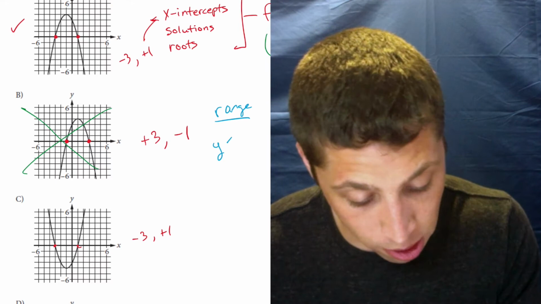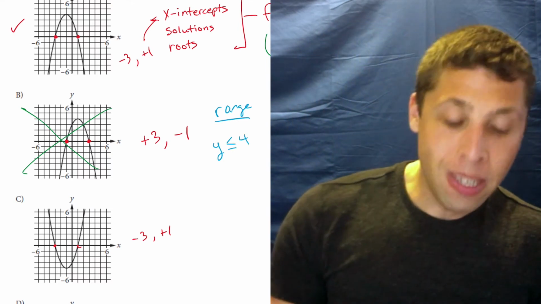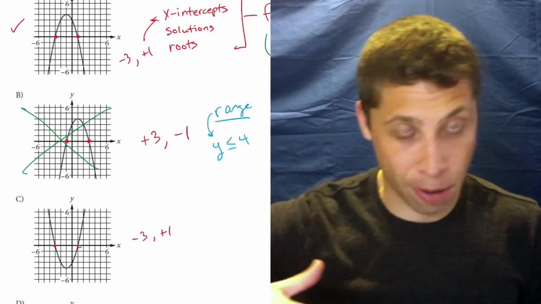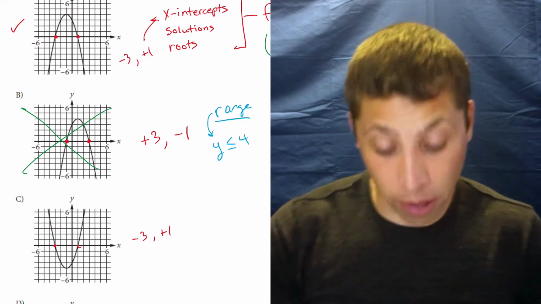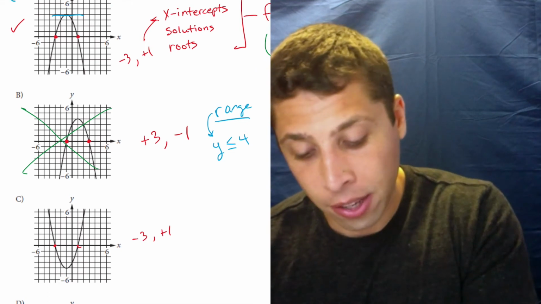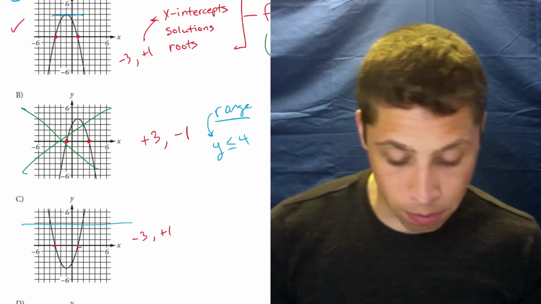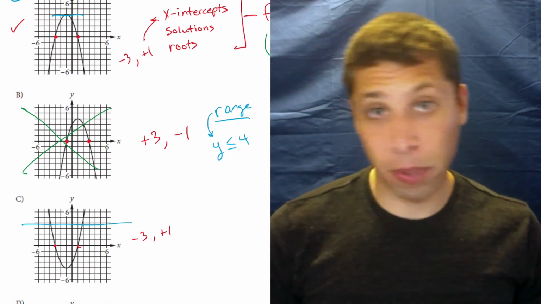So yes, y is less than or equal to 4, which means, and that's the key, range means the y up and down. So we just want to look for something that goes only as high as 4, and that's here, right? This goes up to 4 and then turns around and comes back. So A is the answer, whereas 4 here is just kind of right through the middle of the thing. So that doesn't help us at all. So A is the answer because of those two facts.